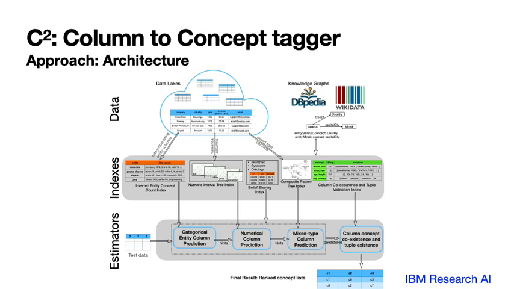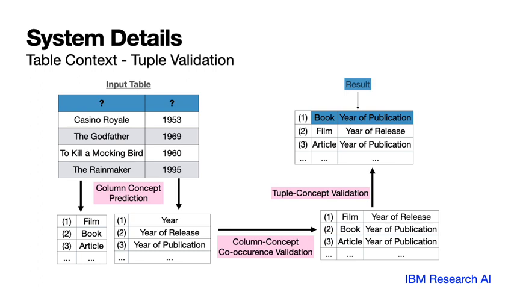One of the examples of another such index is the tuple validation index, where in the given case, you can see that there are two columns, one which everybody will see and say that these are movies, and the second column could potentially be year, possibly the year in which the movie was released.